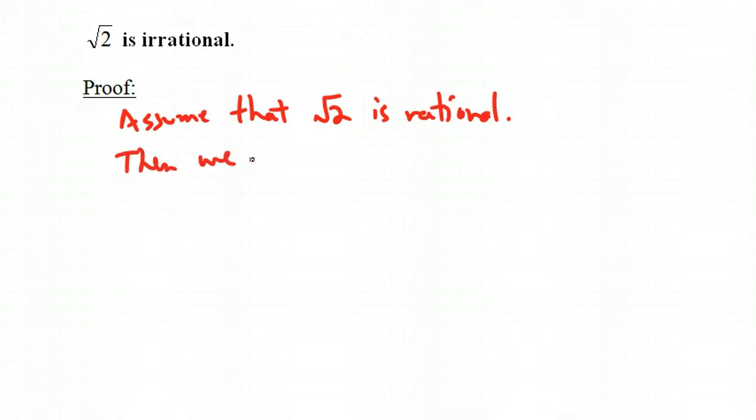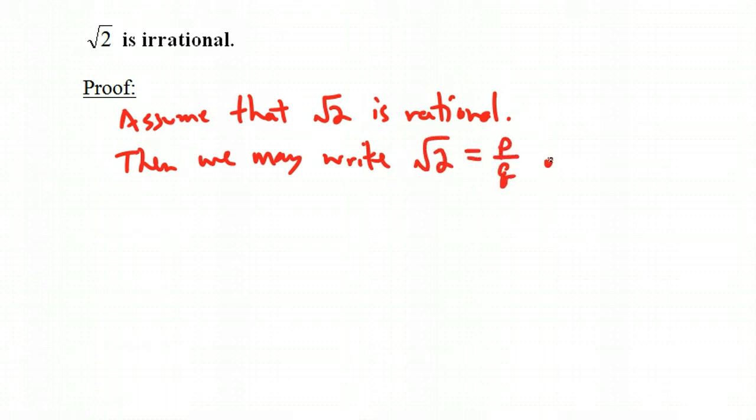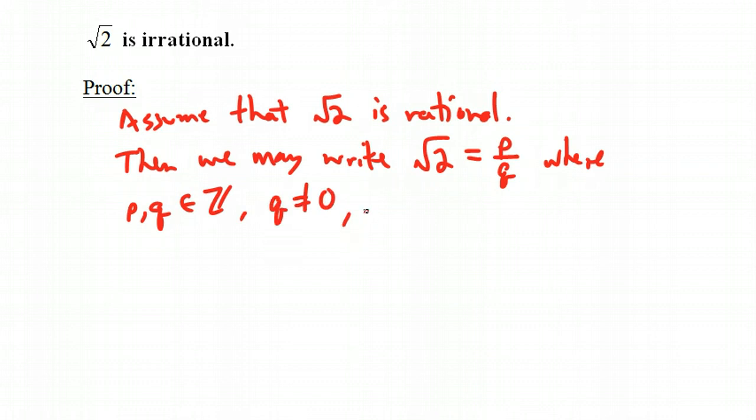And what this means is that we may write the square root of 2 is equal to p over q, where p and q are integers, q is not equal to 0, and p over q is in lowest terms.